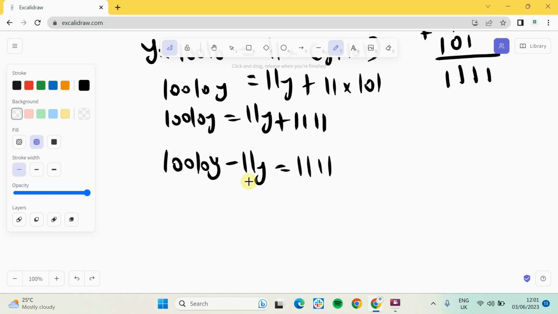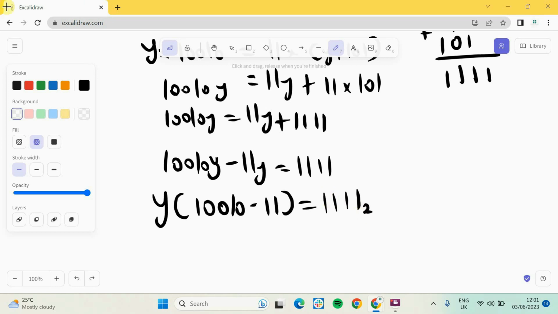Or before we do that, let's factor out y. We can factor out this one as y, this one as y. We can factor out y from this, right? So that would be 10 minus 11, right? Is equal to 1111. Let me put base 2 here so that we don't forget that we're actually working in base 2.